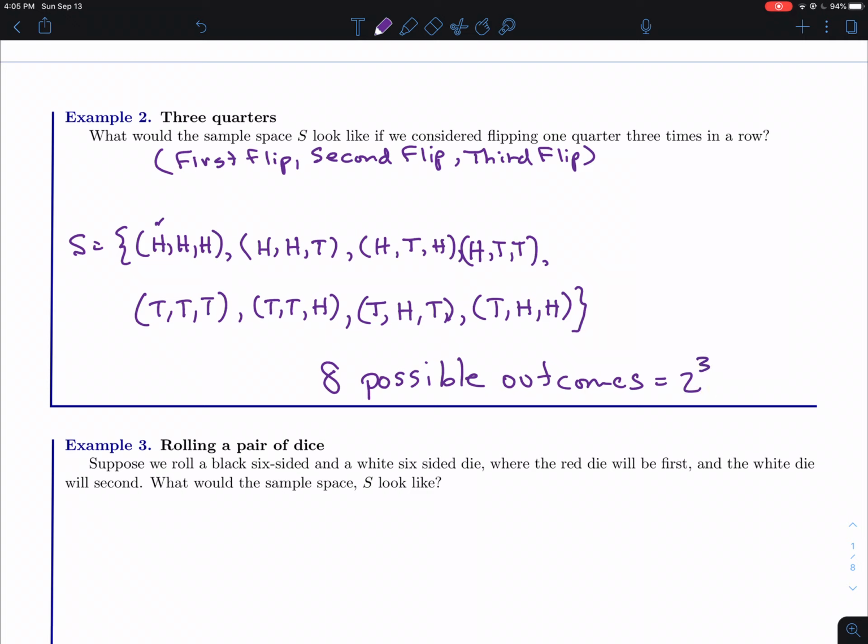So the idea is, if you increase the amount of coins, so if I went up to 4 coins, then I'd end up with 2 to the 4, or 16 possible outcomes. If I went to 5 coins, I'd end up with 2 to the 5th, or 32 possible outcomes. So it increases exponentially as you add an extra coin. So just keep that in mind if you have a problem that looks like that.